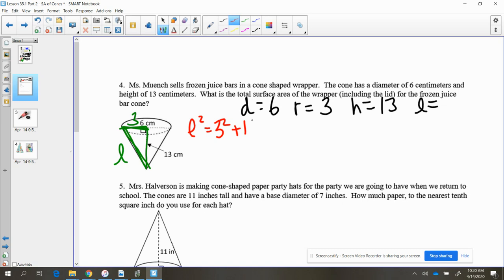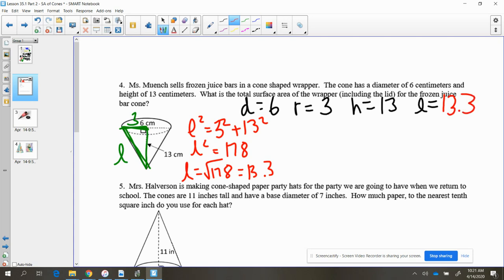So we have 3 squared plus 13 squared equals L squared. L squared is going to equal 178. And after we square root 178, we're going to get approximately 13.3 as the value of that slant height.